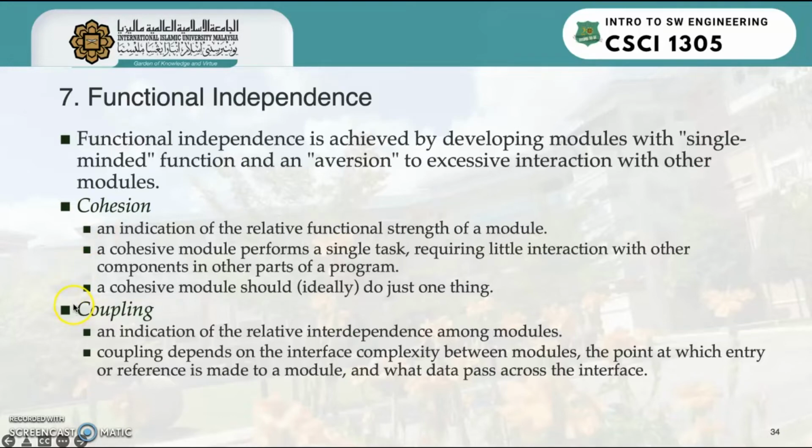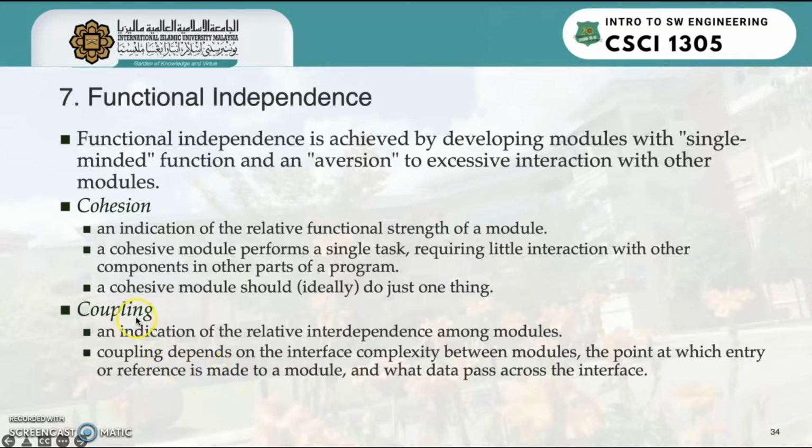When we say coupling, it means the interdependence between the elements or modules or functions. So the coupling depends on the interface complexity between modules, and the data passed across the modules.